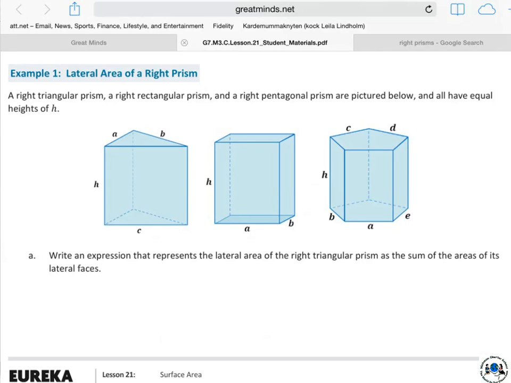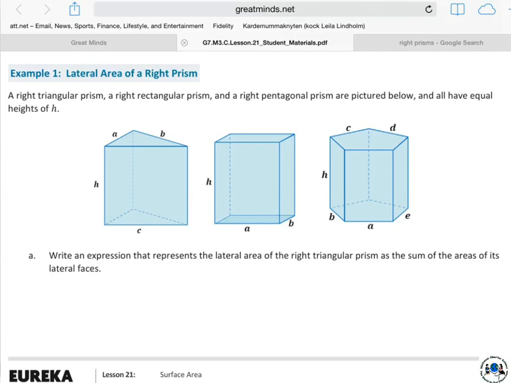Let's talk, and I hope we're going to use some of the vocabulary I just spewed out there. This idea of lateral area of a right prism. So in this example 1, a right triangular prism, a right rectangular prism, and a right pentagonal prism are pictured below, and they all have equal heights of h.